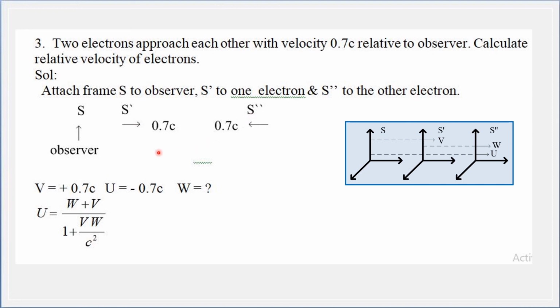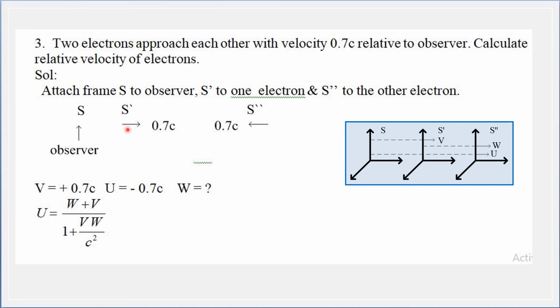Now what you want to find is to calculate the relative velocity of the electrons. Calculate the relative velocity of the electron. Now these velocities are relative to the observer.